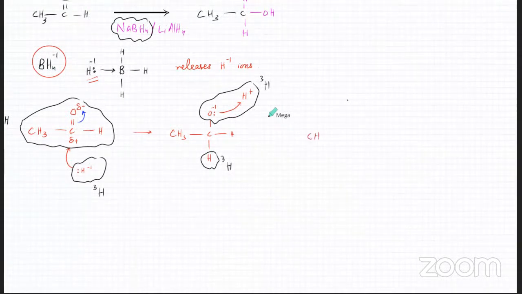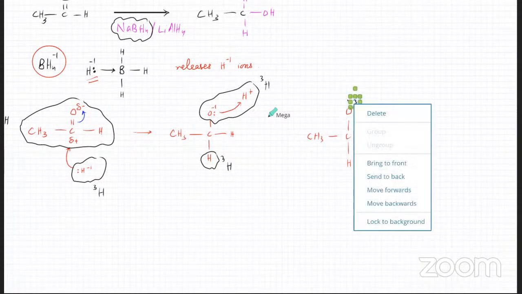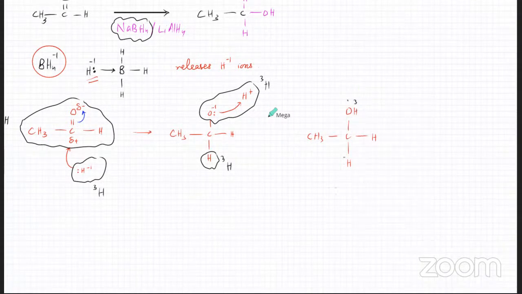So you've got an alcohol now, and that alcohol has an OH, an H over here, and an H over here. So I'm going to mark the H atoms that came from outside. That's the one with the 3 isotope. This is also the one with 3 isotope, right?